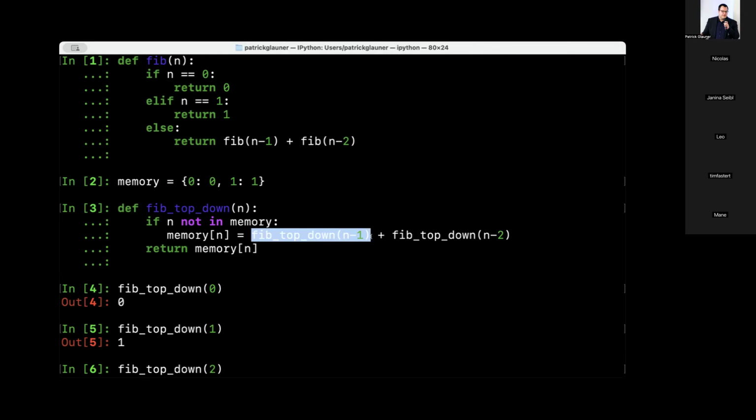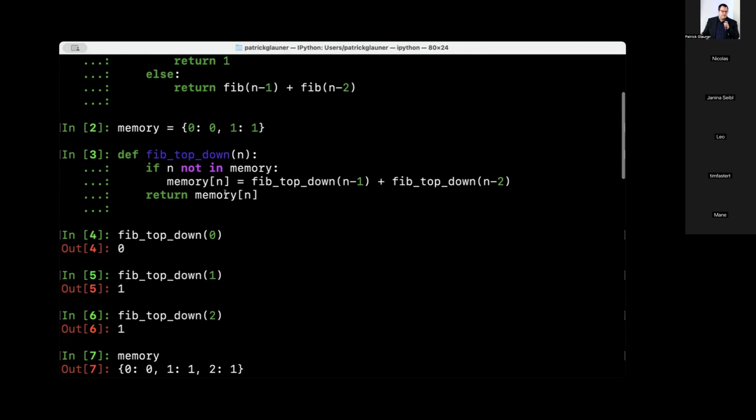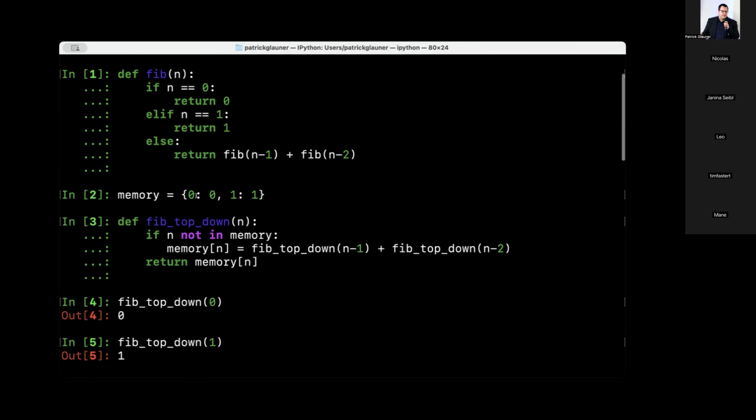And then we go back up in the tree and we combine all the results. So it's a top-down approach. We can see just by using such a simple cache, it becomes massively faster. And adopting this to multiple entries is not that difficult, by the way.